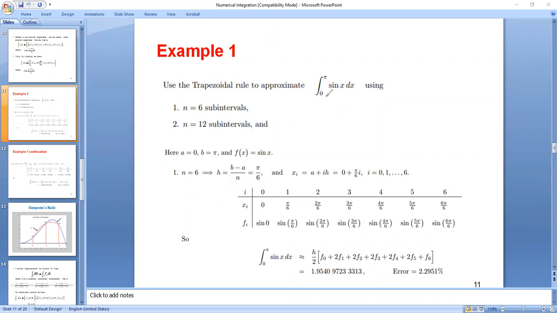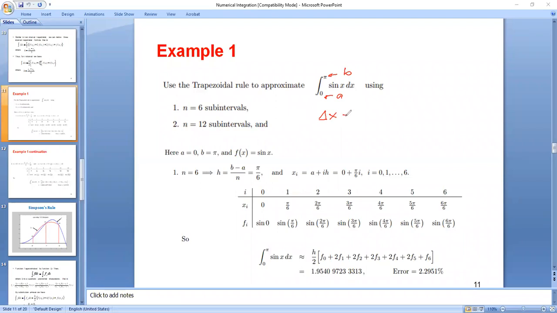This is your A. This is your B. And your function of x is sine x. So the first subdivision that we'll be using is 6. In here, the h that was computed is actually the increment, the height of each of your trapezoids, not the height of the entire trapezoid, in the number of divisions that you have chosen, which is 6.